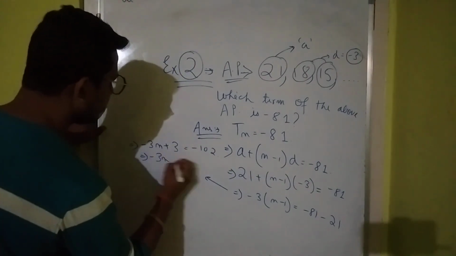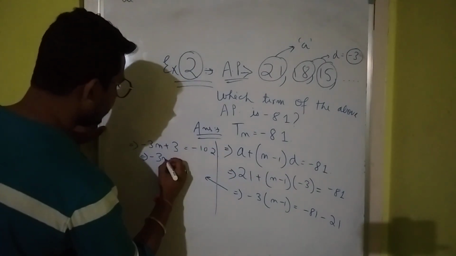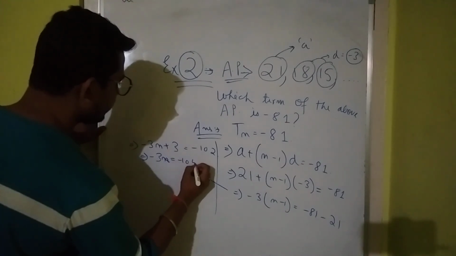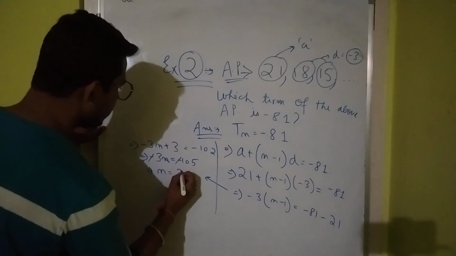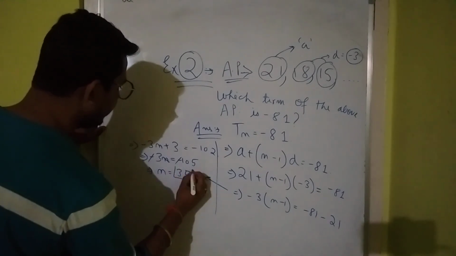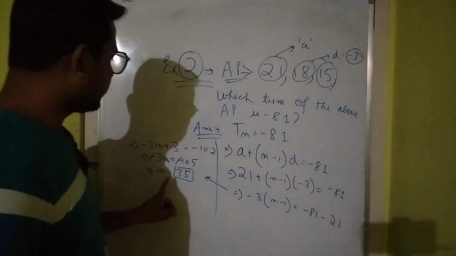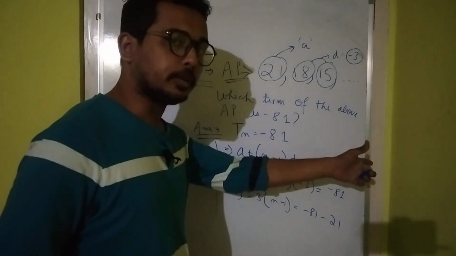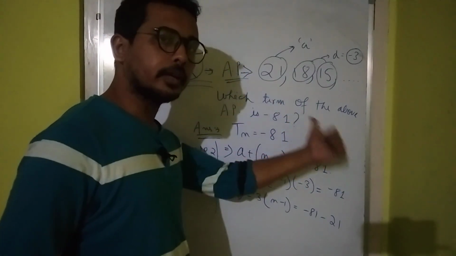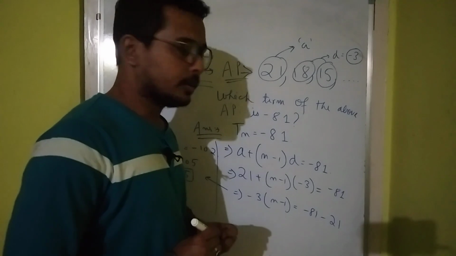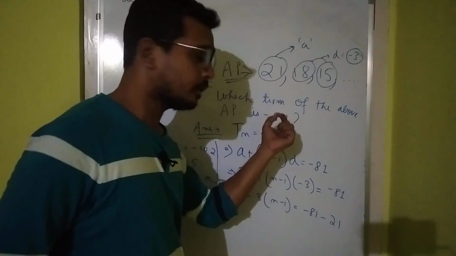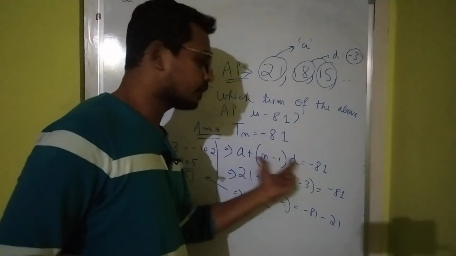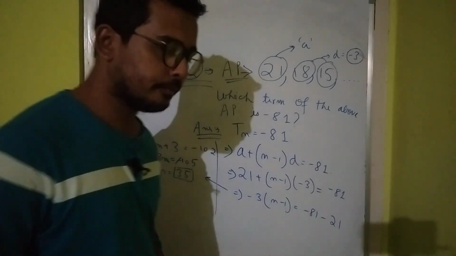So -3n is -105. So minus minus gets cancelled, 35, okay? मतलब जो 35th टर्म होगा that will be -81. So जब तुम्हें कोई भी एक पोजीशन निकालना बोले कोई एग्जाम में, then you have to apply this trick, the nth term, okay?